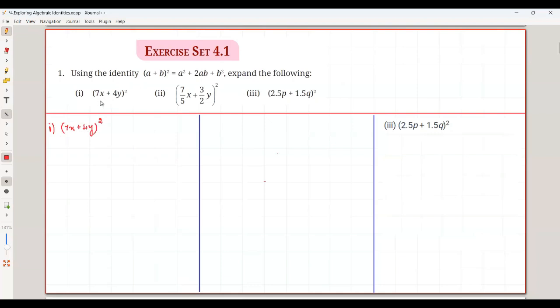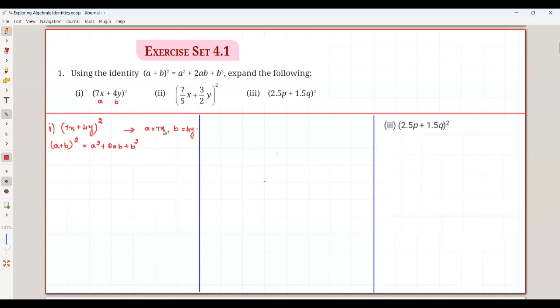In this, we can just take this as A and this as B. Here I'm just writing A is equal to 7x and B is equal to 4y. So use the identity A plus B the whole square is equal to A square plus 2AB plus B square.